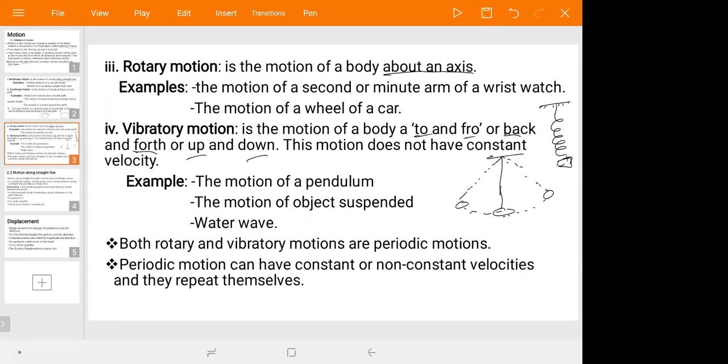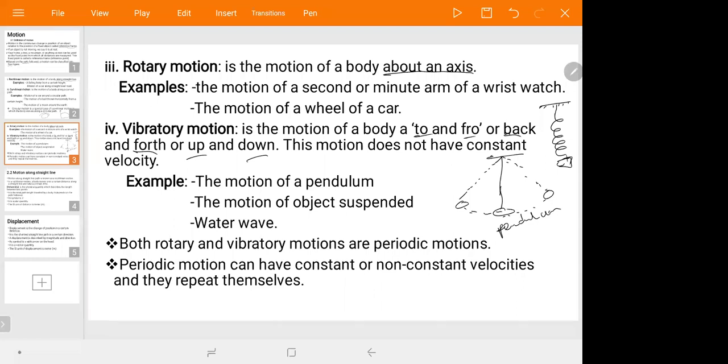Such a type of motion is what we call vibratory motion. You can check if you see the pendulum motion. You can see such a type of motion is what type of motion? Vibratory motion.